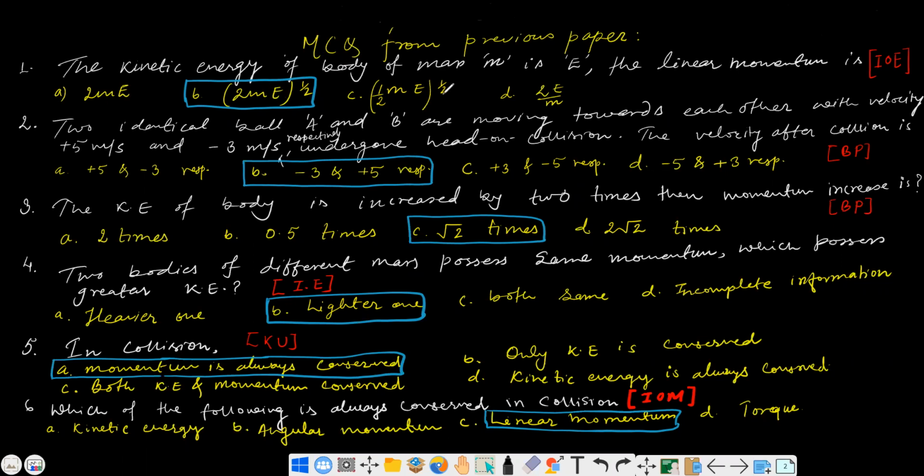So suruko question hero. So the kinetic energy of the body of mass m is E, the linear momentum. Okay, so you एकदम straightforward type of questions. Let me discuss a bit in here. So अघि पनि मैले अगाडिको डिस्कसनमा यो गरेको छु. Okay, so हामीलाई थाहा छ kinetic energy 1/2 mv square हो. Okay, so यसैलाई अलिकति दुई लाइन अरेन्ज गर्ने हो भने so we can finally come back to the relation of momentum that I just discussed early.